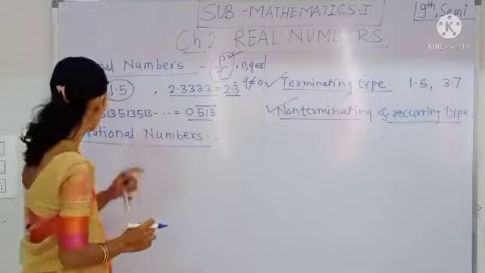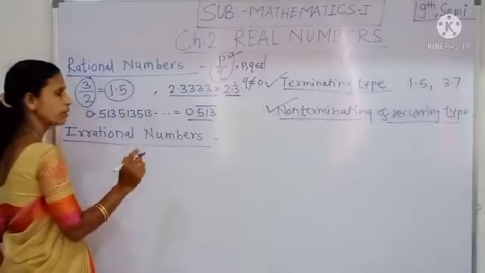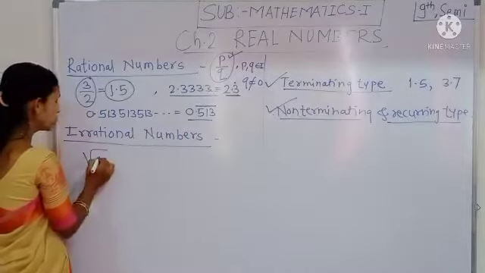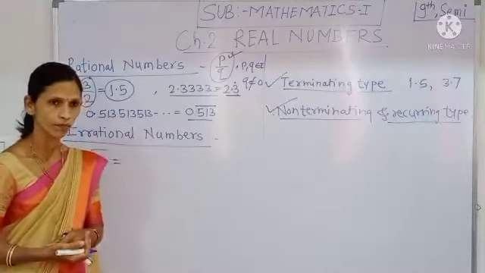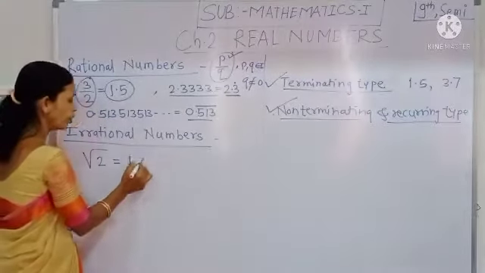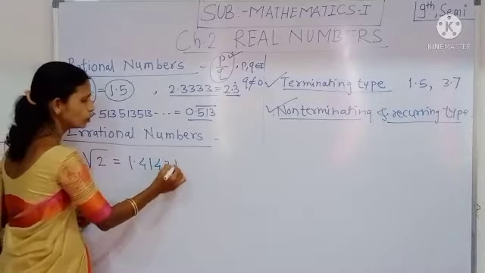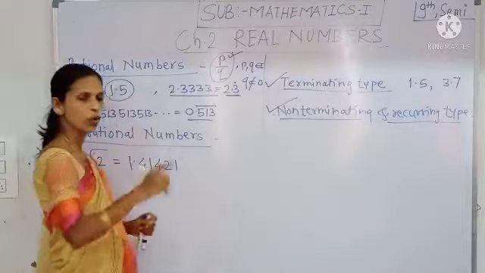For example, if the value of root 2 is written in its decimal form, it is 1.41421 and so on.